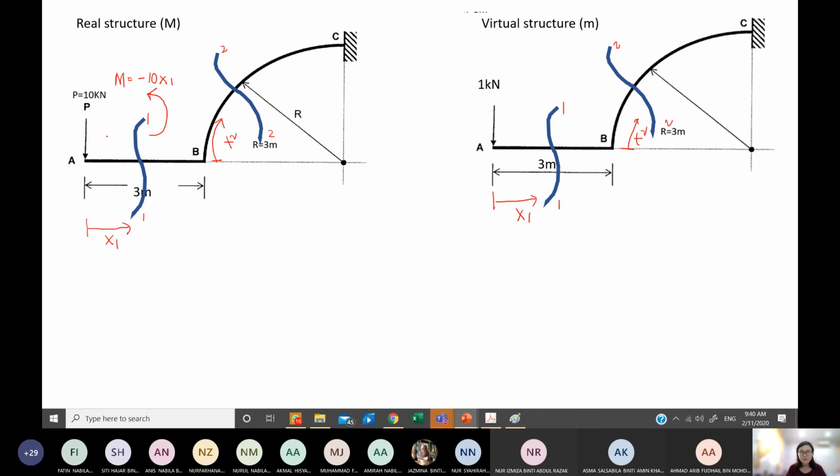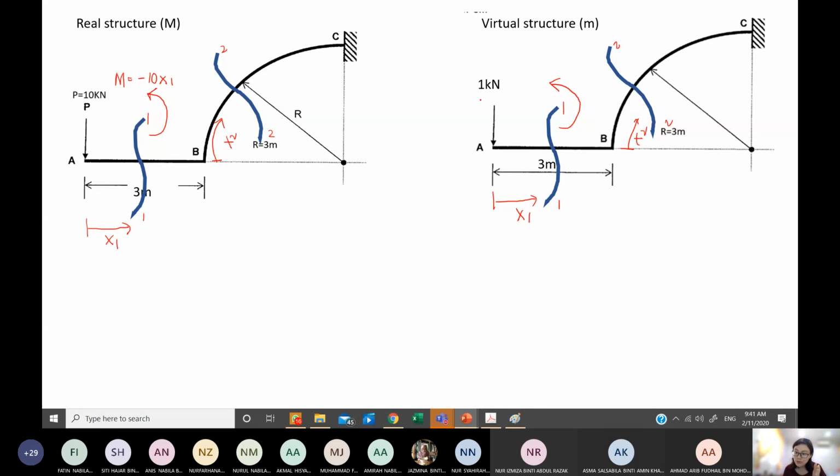Now this is quite simple, so I will directly move to my virtual structure, because it will be acting the same. I'm considering the virtual structure now. Remove all my real load and apply 1 unit load to the system where you want to determine the deflection.